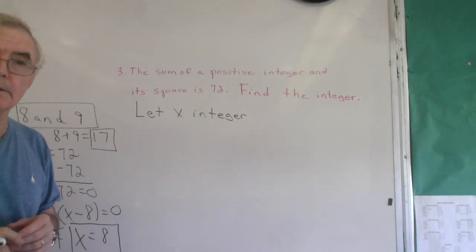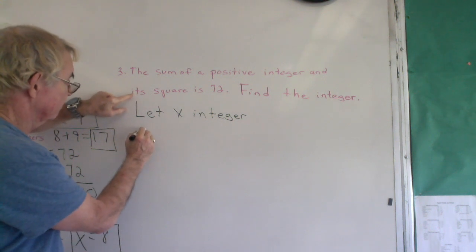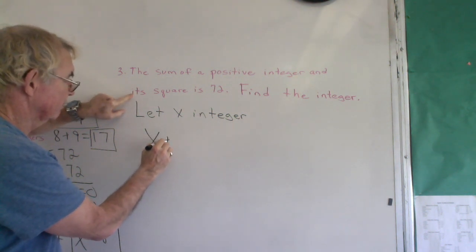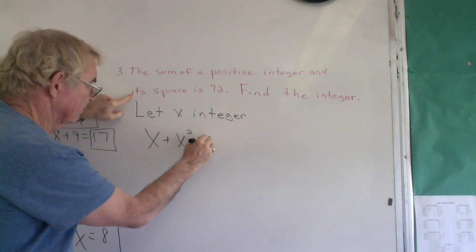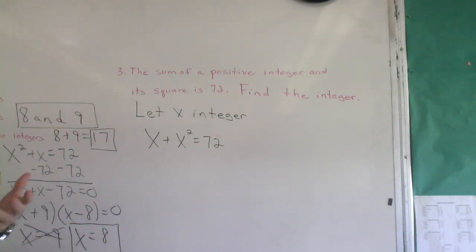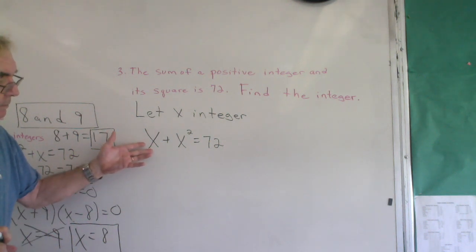So let's write the equation, step 2. The sum of an integer and its squared is 72. Very like the first one, or second example. So here we are, we got the equation set up.